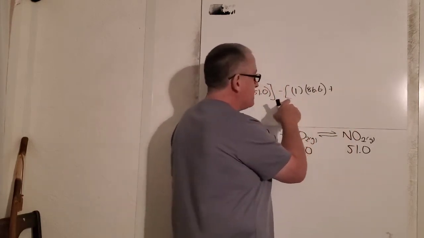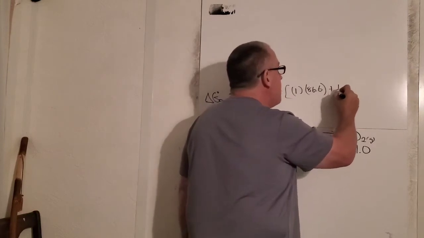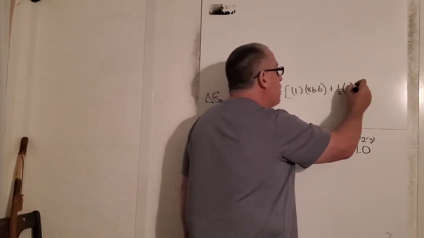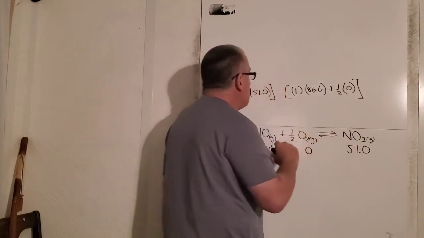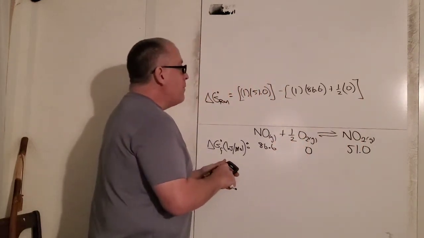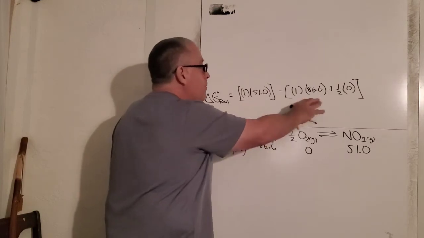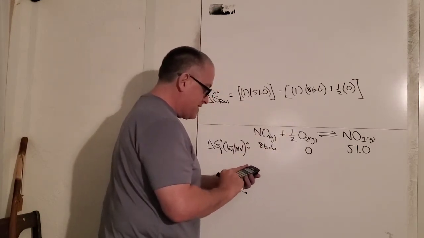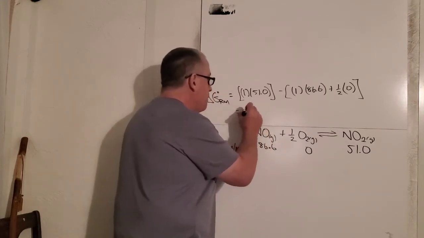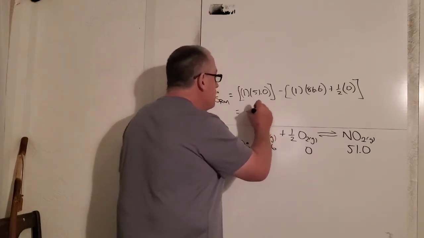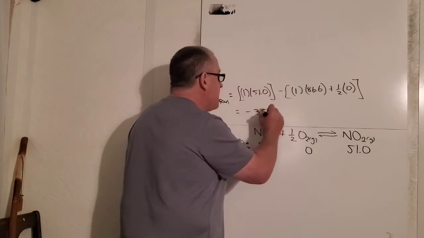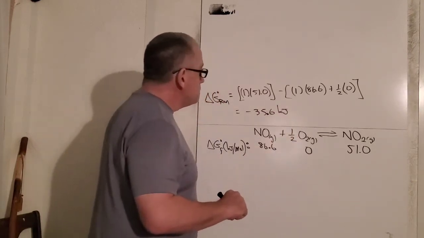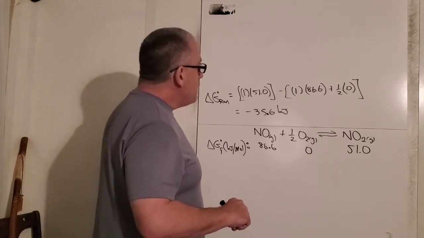Plus, don't forget the minus sign in front of the bracket here, plus a 1/2 mole of this, and that happens to be 0 kilojoules per mole. And so what I'm going to end up with is 51 minus 86.6, and that's going to give me minus 35.6 kilojoules.